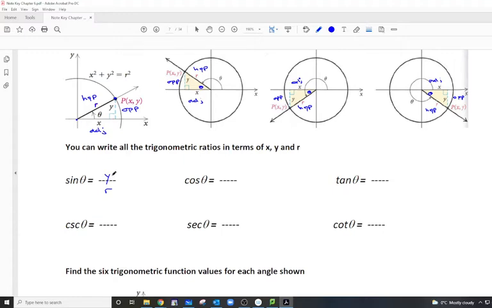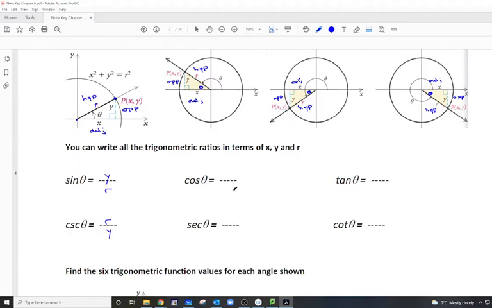If sine theta is y over r, then I know that cosecant theta is r over y. Now what I want you to do is fill out these other four. What would the ratio be in terms of x, y, and r?